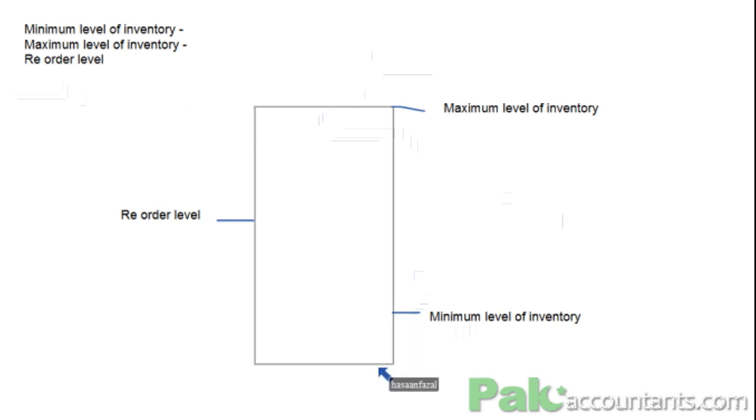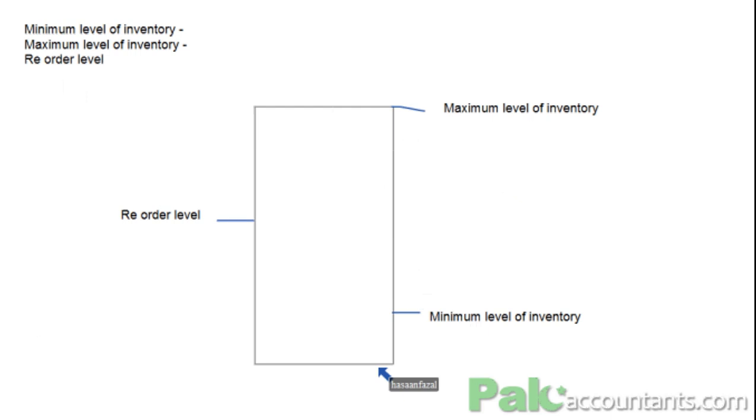Even if this amount of inventory is extinguished by the time your new order arrives, or you expect that your order is facing delays and even your minimum amount of inventory will be consumed during that period, you still seriously have to take some steps so that your production does not stop, or at least sales are not affected. So these are the 2 or 3 different levels of inventory that help us in controlling things and making decisions regarding when to order and follow up the activity of inventory consumption.